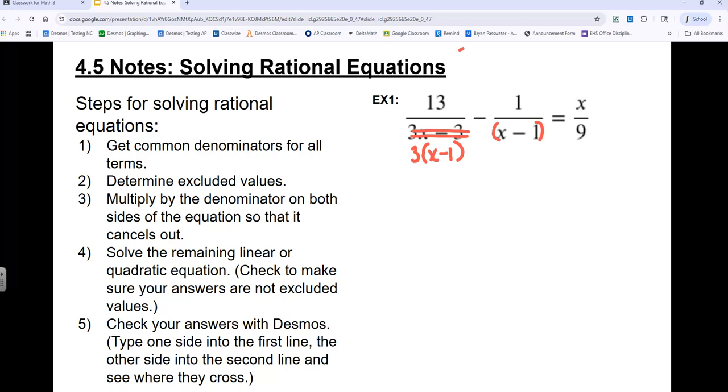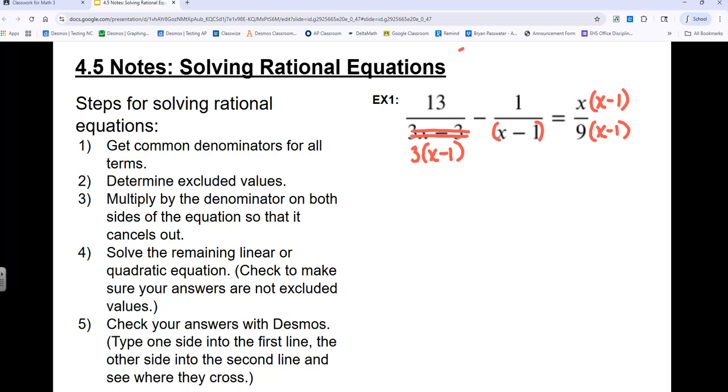So I've told you guys to think about the x's separately from the numbers. Okay? So I can see I've got x minus 1 here, x minus 1 here. They're all going to need an x minus 1, right? So that means over here, I need to multiply by x minus 1 in the bottom and x minus 1 in the top.